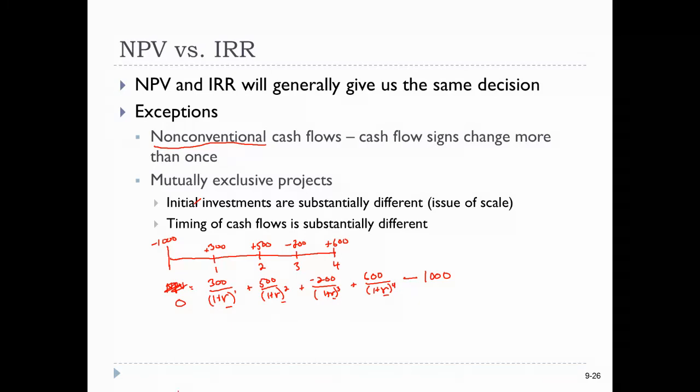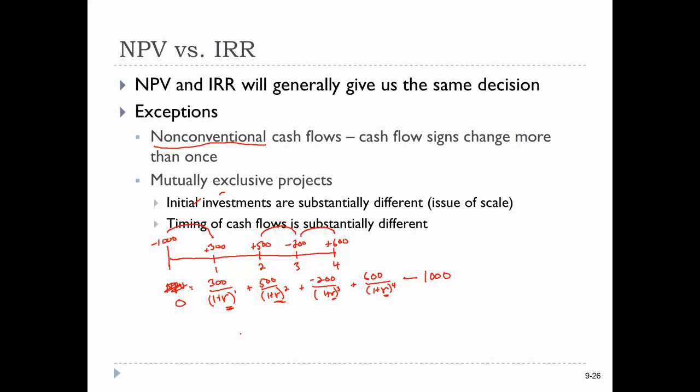But the problem now is that we have three changes in sign. From time 0 to time 1, the cash flow sign changes from negative to positive. From year 2 to 3, it goes from positive to negative. And then from year 3 to 4, it goes from negative to positive. It turns out that mathematically, when you have these three sign changes among these terms, you're going to have three values for R that make this expression true.